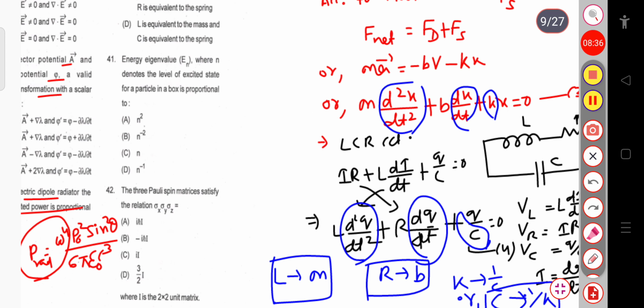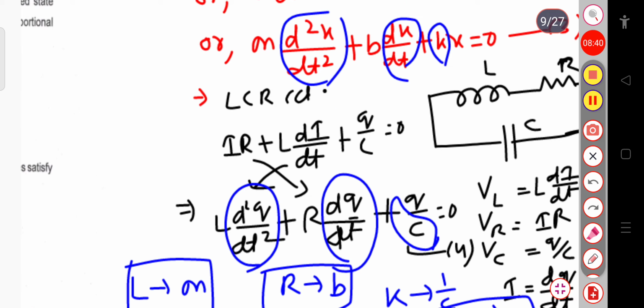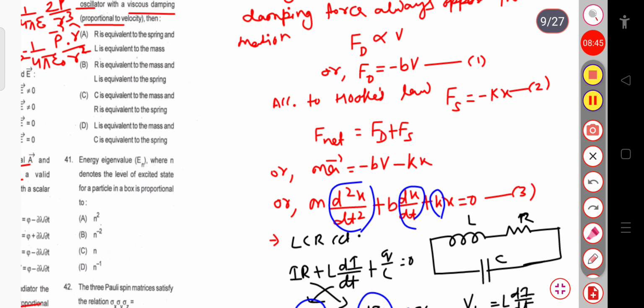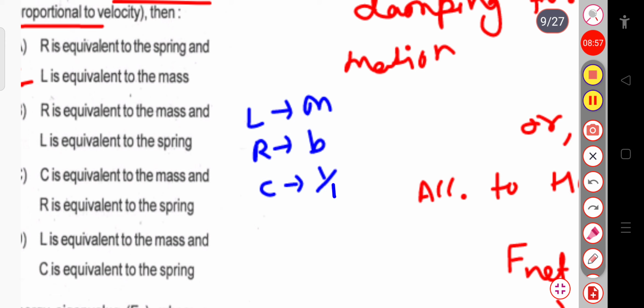Now let me check from the options. So here R is equivalent to the spring constant? No, R is equivalent to b. Let me write: L is equivalent to m, R is equivalent to b, and C is equivalent to 1 by k.